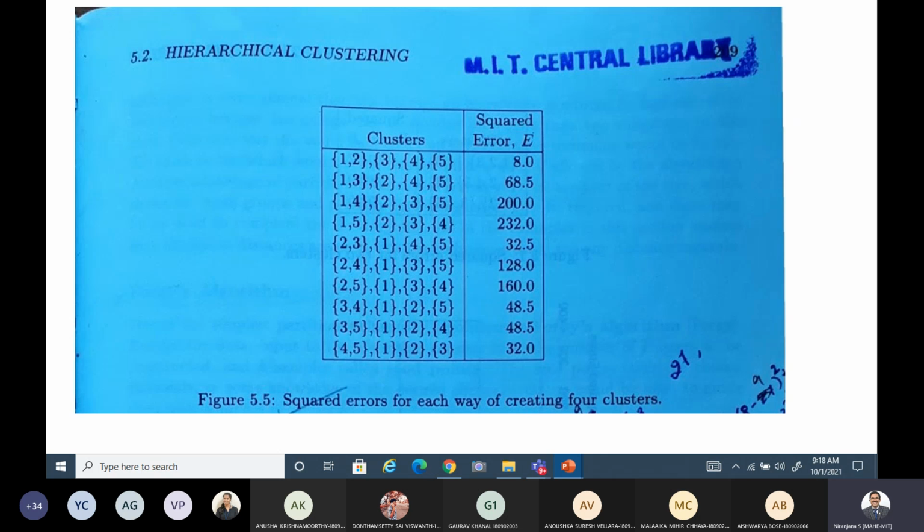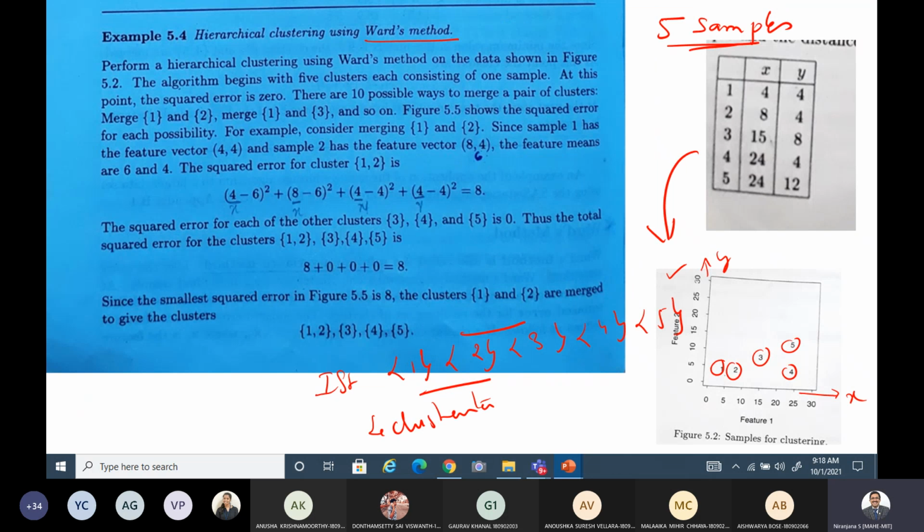Why are we showing all these possible ways? Because we need to find the minimum squared error when combining 2 clusters. So based on minimum squared error, you can combine. When you start with the agglomerative procedure, the first step is you start with 5 clusters.